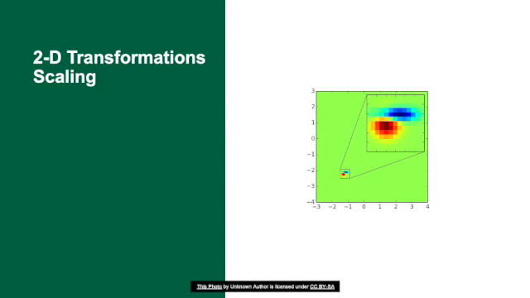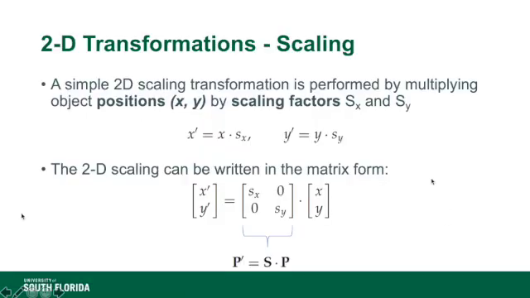Transformation scaling. That's the third transformation in 2D. A simple 2D scaling transformation is performed by multiplying the object's position x, y by scaling factors sx and sy. The function that describes this transformation is x prime equals the original x times sx, and y prime equals the original y times sy.